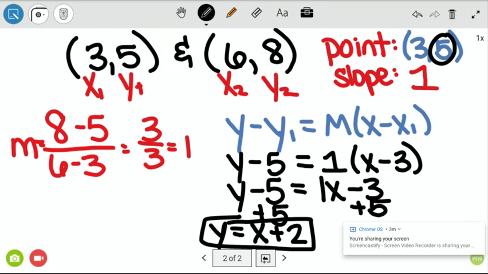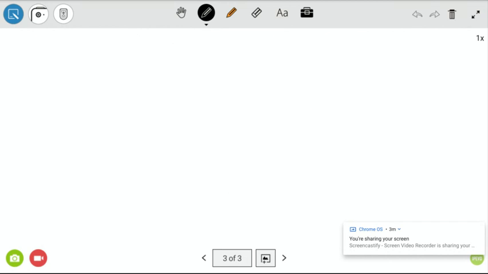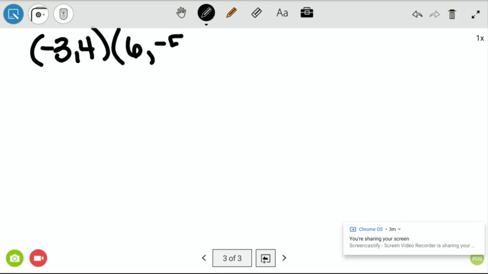All right, and remember, anytime you can just hit pause. All right, the second ordered pair, let's go with negative 3, 4, and 6, negative 5.